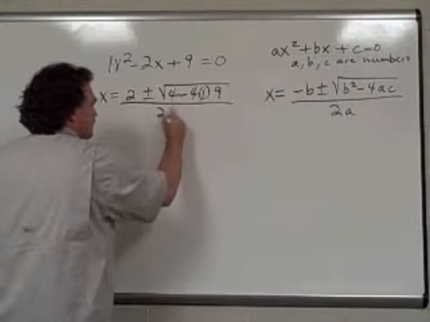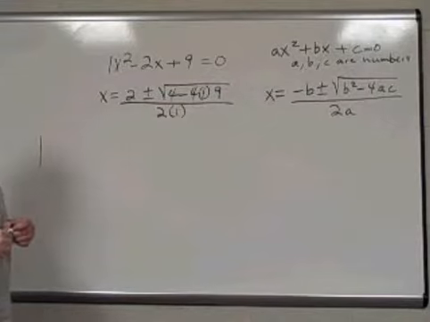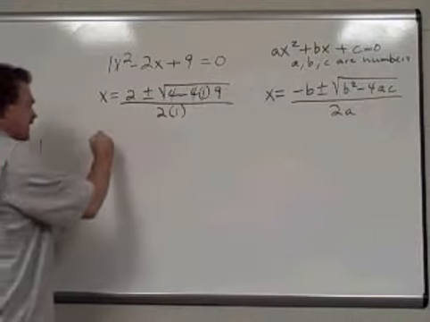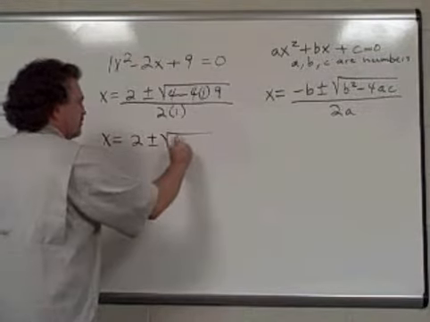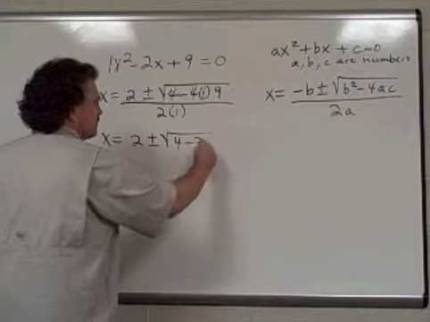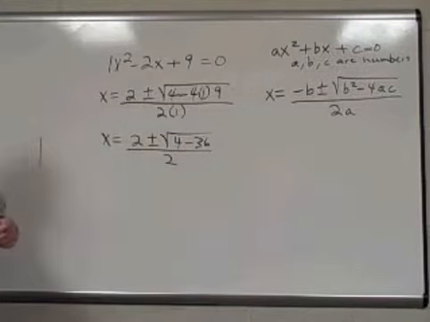All of that divided by 2 times the A coefficient. So x equals 2 plus or minus the square root of 4 minus 36, all of that divided by 2.